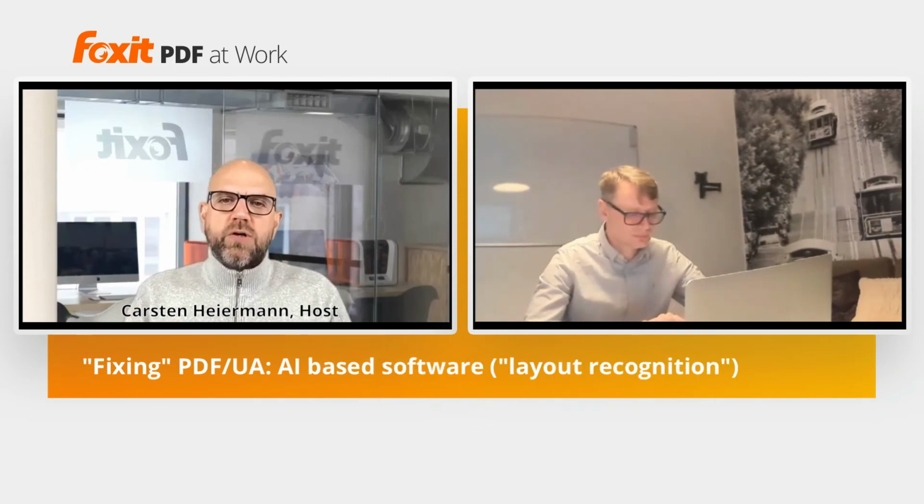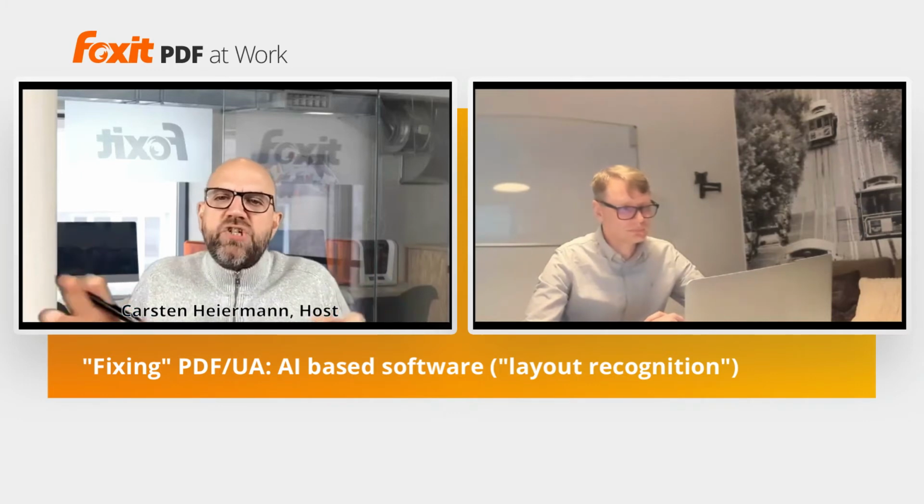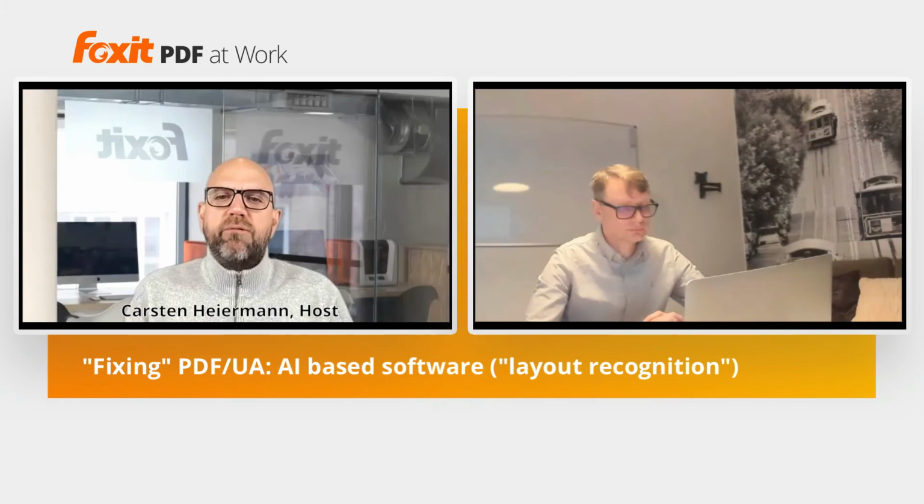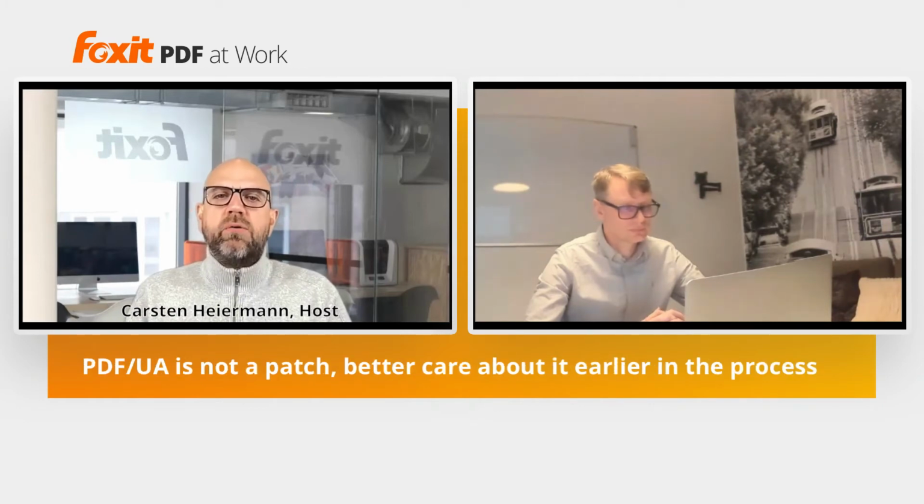When it comes to structuring, Foxit also has its LR engine, the layout recognition engine, using machine learning and AI technology to, quote unquote, re-engineer what was lost during the conversion or what was not put in the document from the get-go.